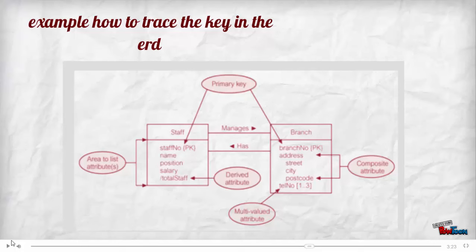The composite key is a candidate key that consists of two or more attributes. And the not selected primary key is also called an alternate key. The address and the postcode as composite attributes will become a composite key.